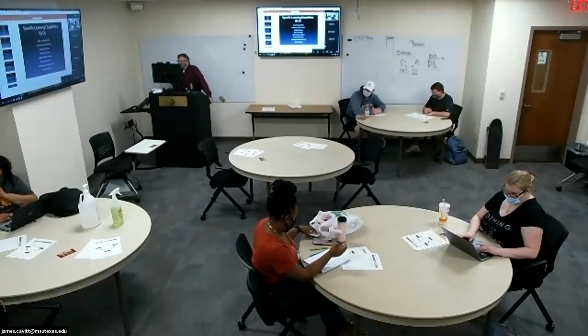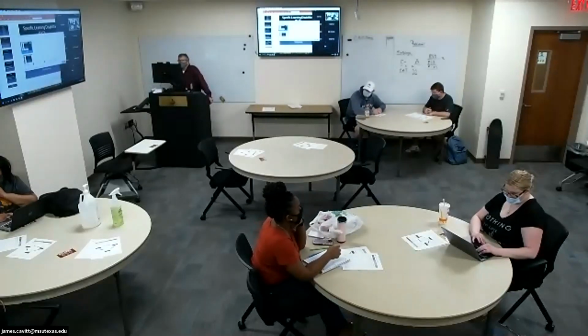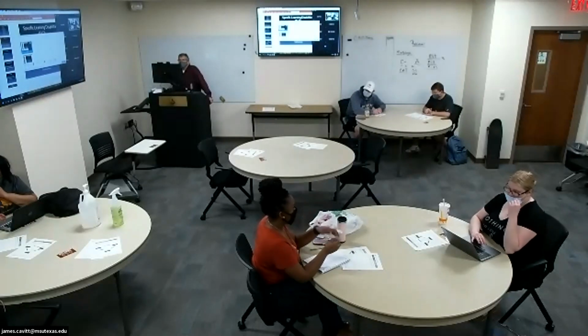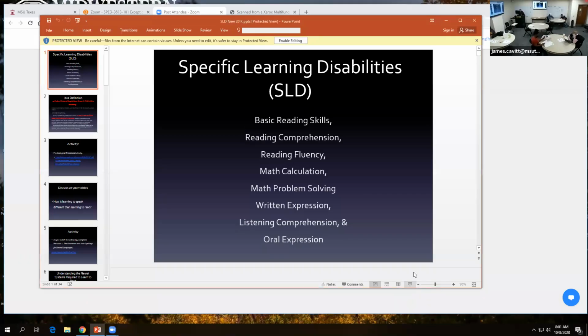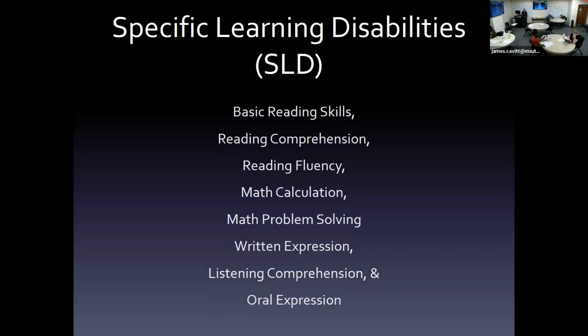I'm going to share my screen, and we're going to continue our discussion about specific learning disabilities. On Tuesday, we talked about psychological processes that have an effect on the 8 areas of learning disabilities.